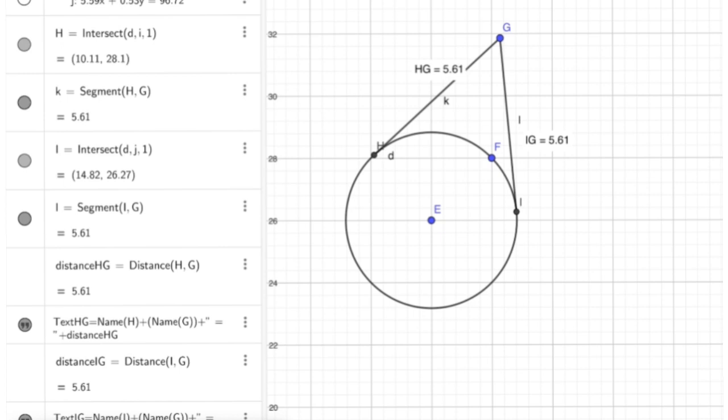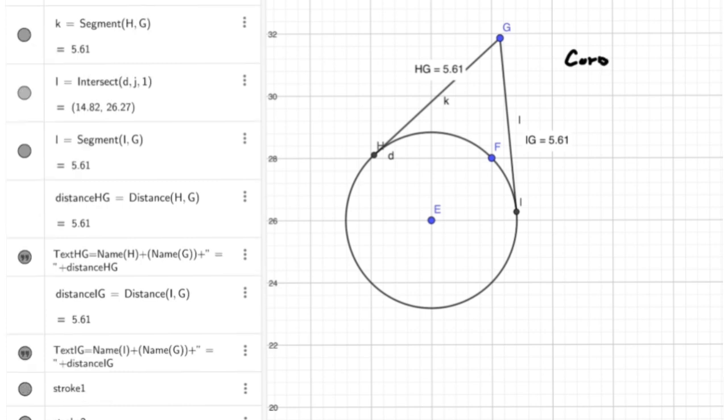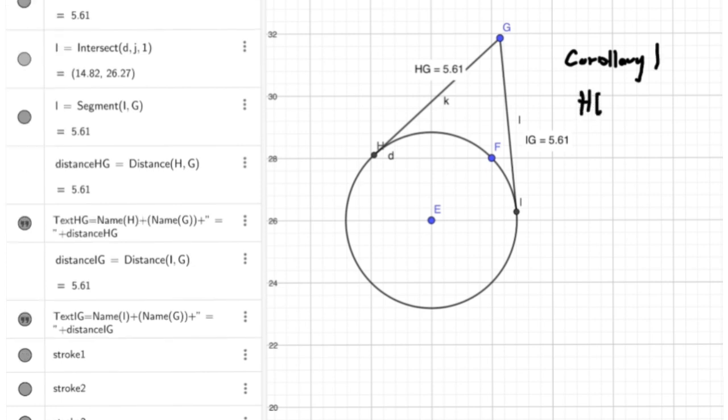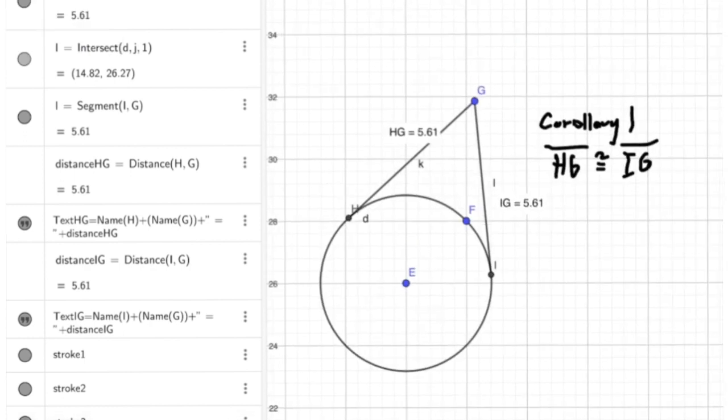So again, the tangent theorem, corollary number one. It simply states that HG is congruent to IG. So that's corollary number one, stating that two tangent segments from a common external point are congruent.